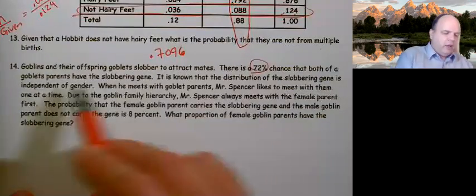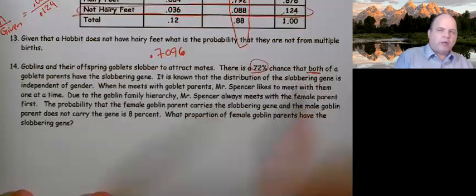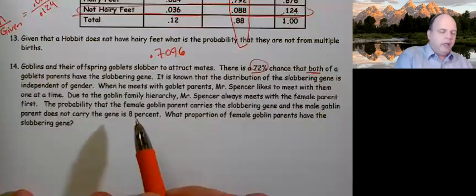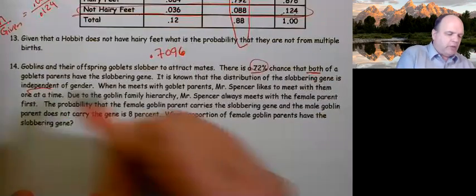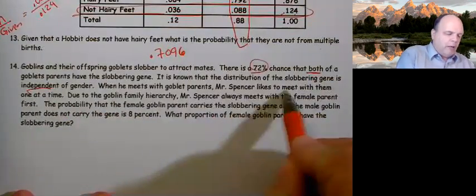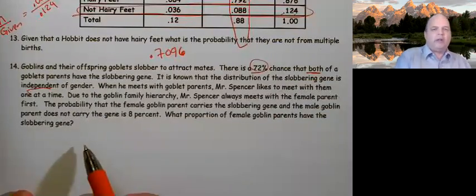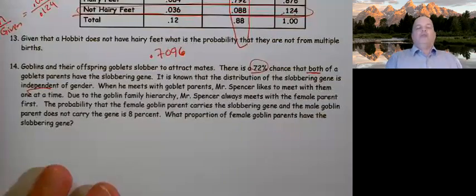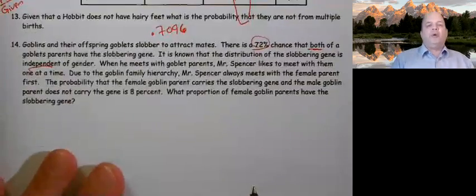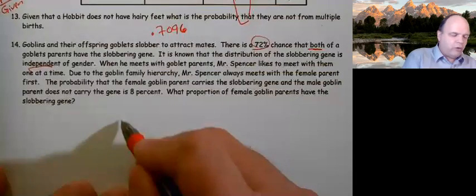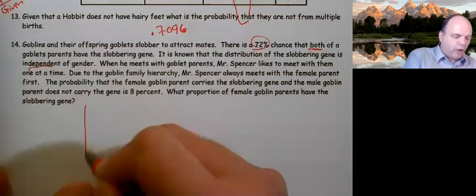But it does say both. So that means I'm working with two variables possibly. And we see the word independent, that's important. We have a female parent that has a slobbering gene, and we have a male parent that has a slobbering gene. I have two variables. Let's see what we can do with the two variables, and let's see how far we can get.